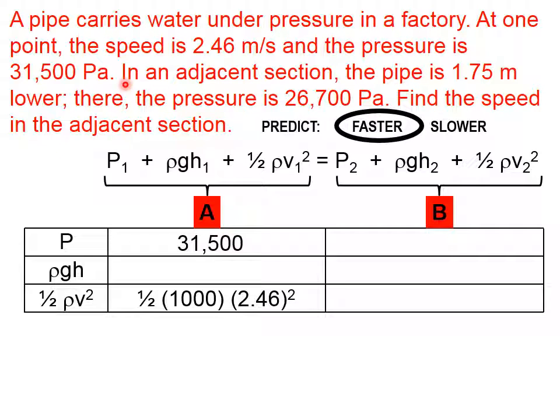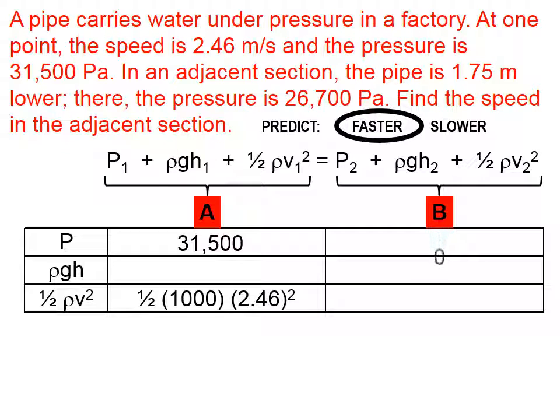If we keep reading, it says, in an adjacent section, the pipe is 1.75 meters lower, which means that we need to decide on a reference line for the calculation related to gravitational potential energy. So, in section B, the pipe is lower down.